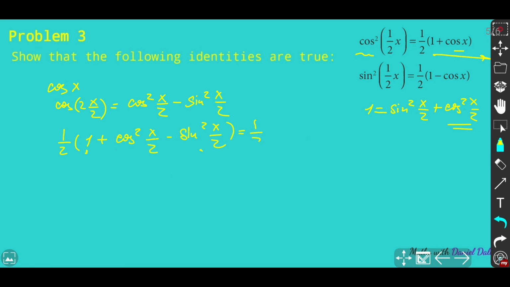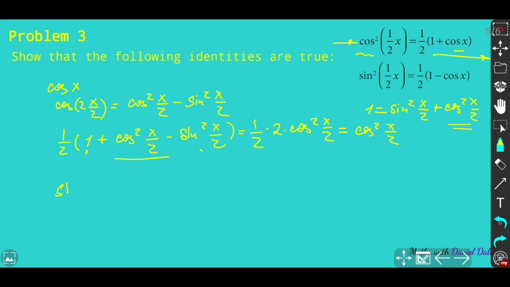So finally we'll get 1 over 2 times 2 times cos squared x over 2, because additionally you had this cos squared x over 2 before. So finally you'll get cos squared x over 2, which literally means that you proved it and you got the left-hand side.